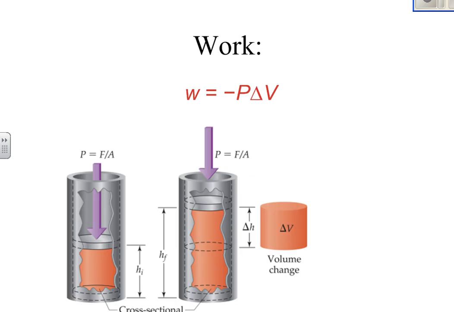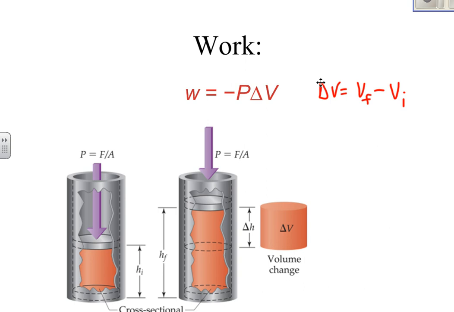To determine the value of that, we're going to use the relationship that work is equal to negative P times delta V. This is assuming that the gas is expanding against a constant pressure. The delta V, remember anytime we have delta, it's V final minus V initial. So if the final volume is larger, that means that the system has done work on the surroundings.